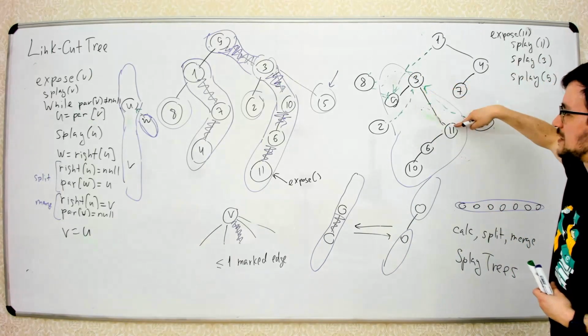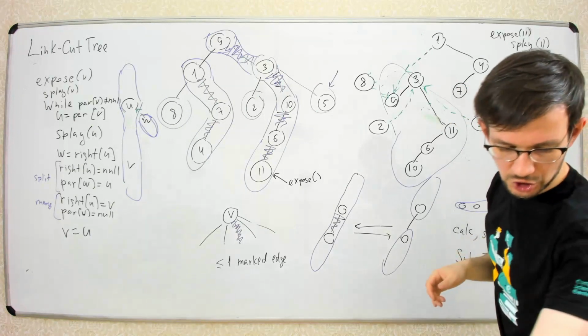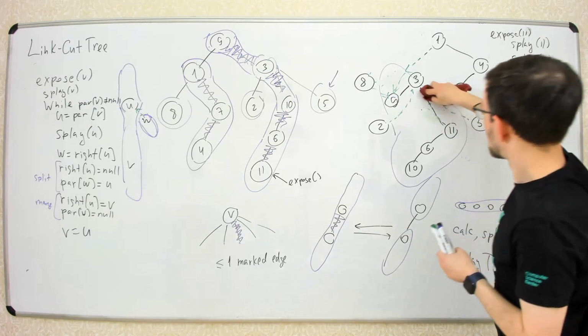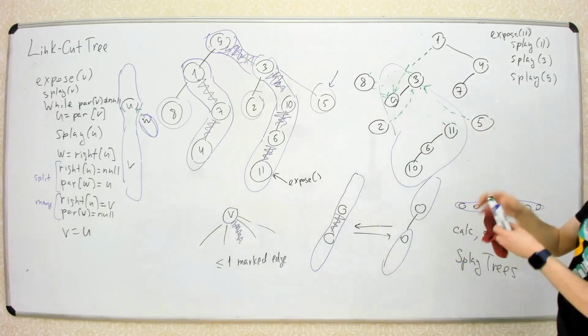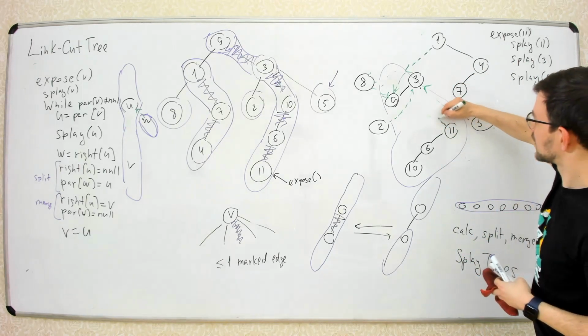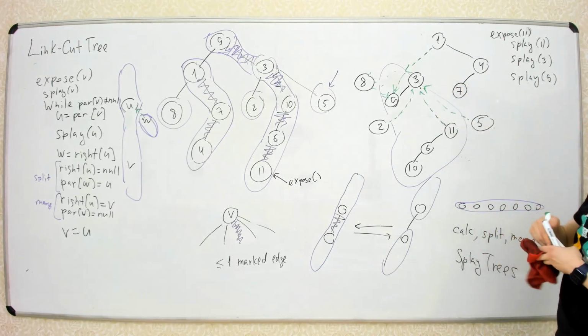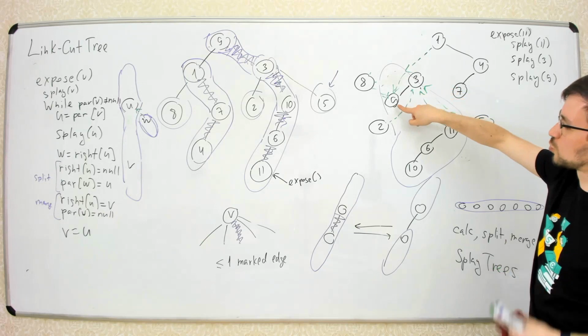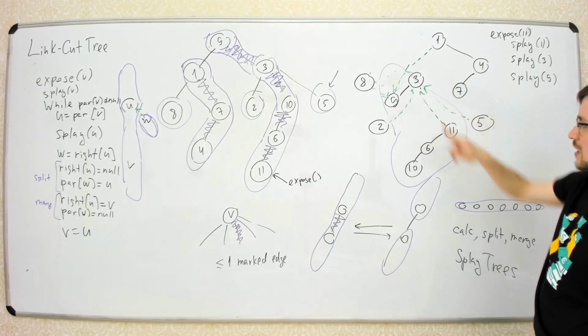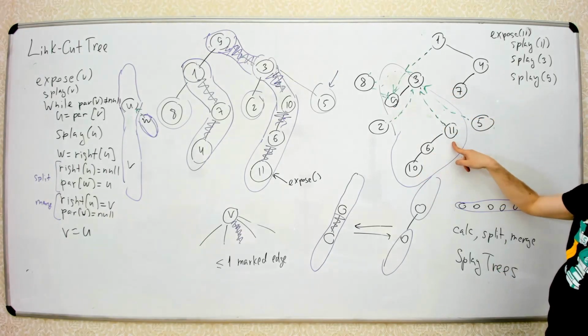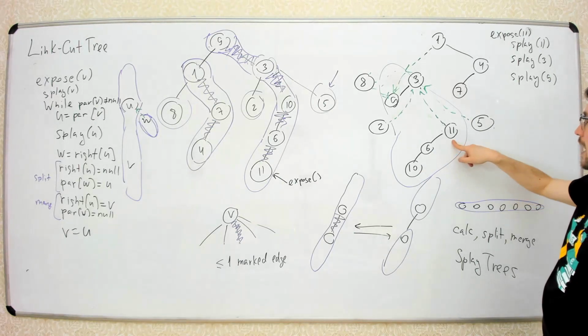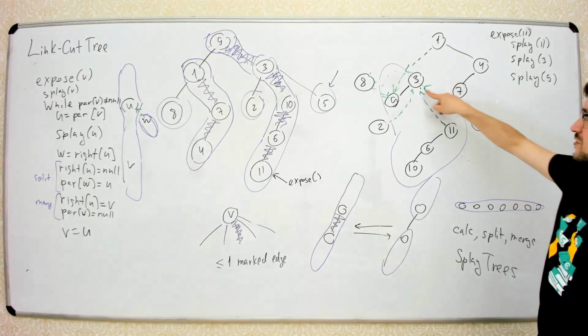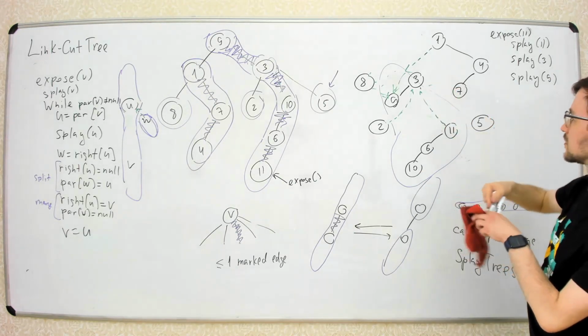Now we detach this right child. Now again, we split this tree into two trees. First is 9, 3. Second is 10, 8, 11, and 6, 11. And now we attach this 5 as right child of 3, like this.